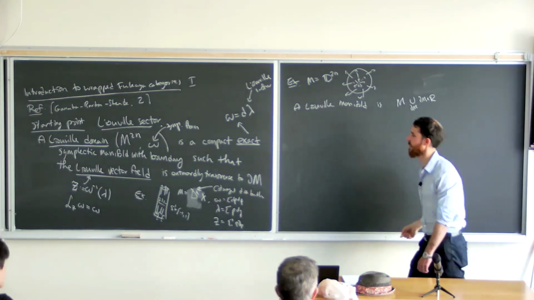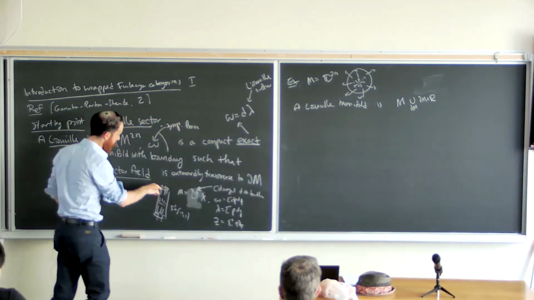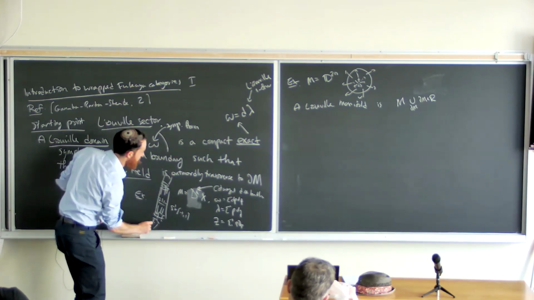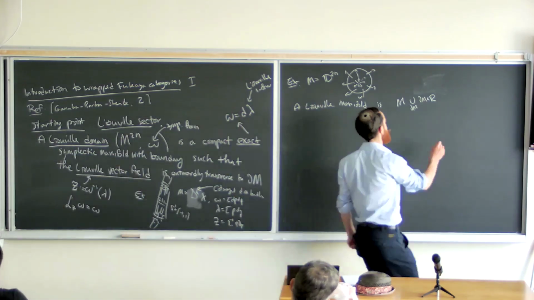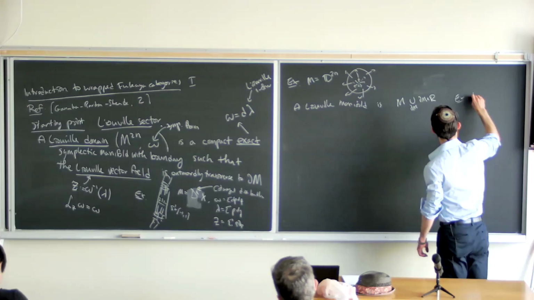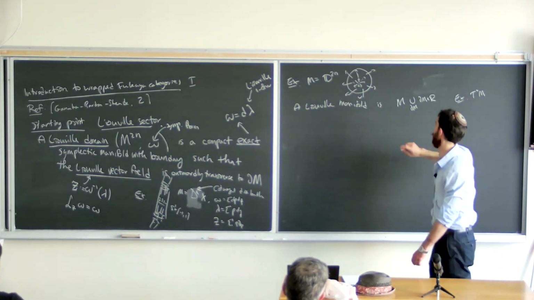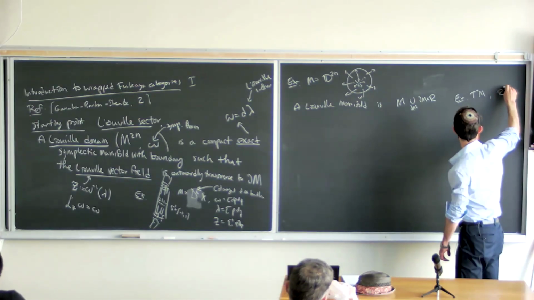On this picture, once I know what this thing is, I can add an infinite cylinder here to get back to the whole cotangent bundle of M in this case, or R to the 2n in this case.